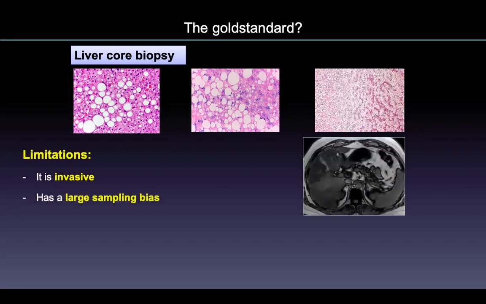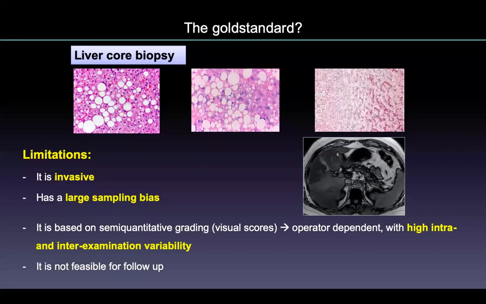First of all, it is invasive, has a large sampling bias, and we know that diffuse liver diseases can be quite heterogeneous in the distribution, and don't forget that liver biopsy analyzes only a small portion of the liver parenchyma.